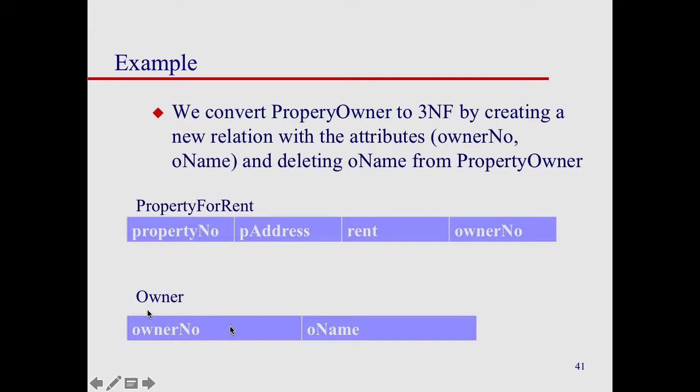Owner number is both in the new relation plus it remains in the old relation so that we can preserve the lossless join. Once you have your functional dependencies and your primary key, it's a pretty straightforward process to do your decomposition.